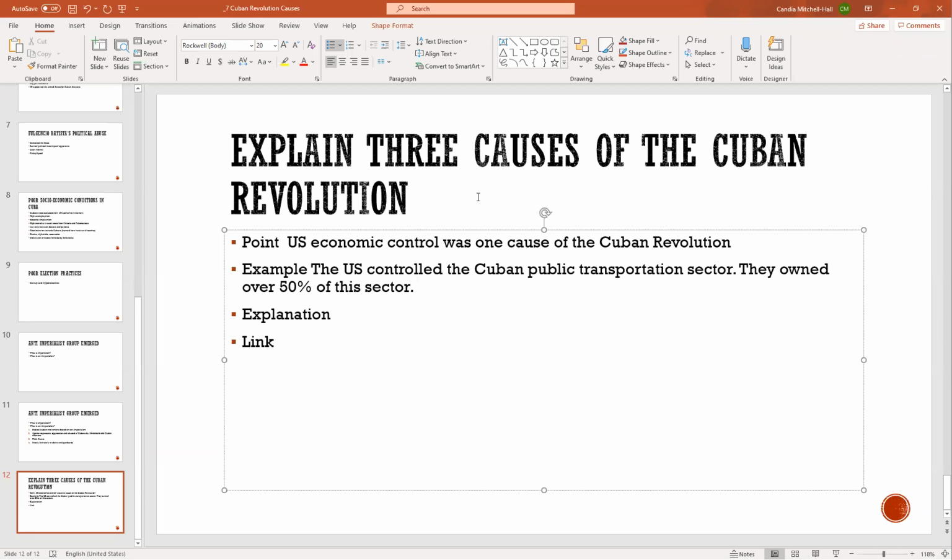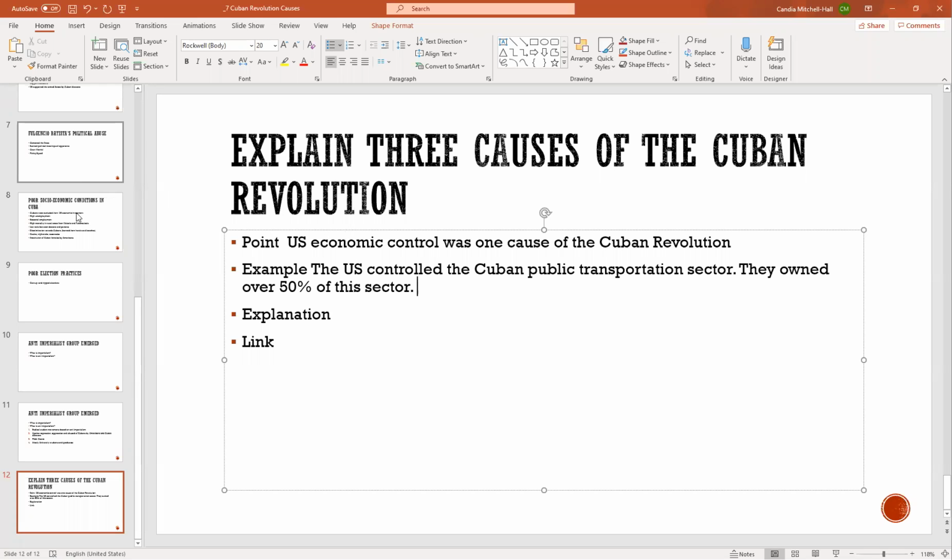Now, I'm coming to you, Miller. The question I get in the exam is explain 3 causes of the Cuban Revolution. So one of the causes of the Cuban Revolution was the United States economic control. One example of this is that the US would have controlled the public transportation sector in Cuba. They owned over 50%.